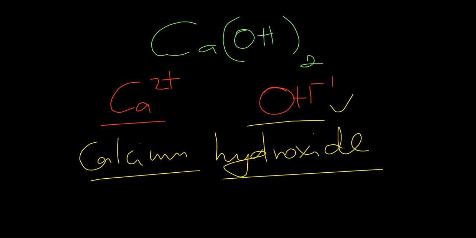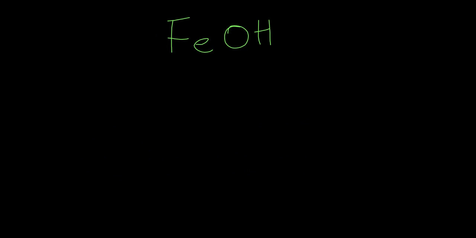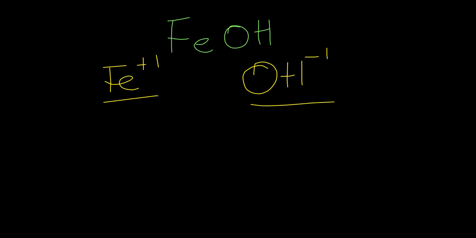So in this example, we have two items. We have iron and we also have hydroxide base. So we'll name this. So it will be iron. The question is, will there be a parenthesis?